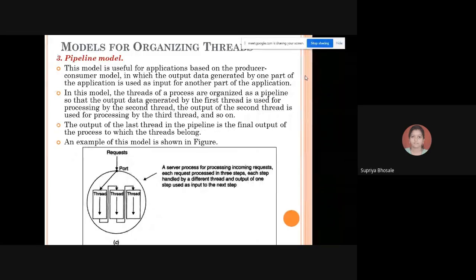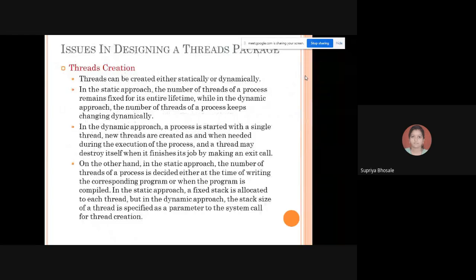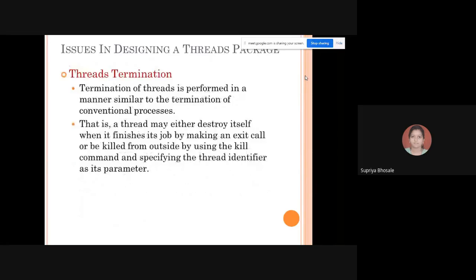And then after, the issues in designing a thread package. What are the different issues at the time of implementing this thread? So first is thread creation, thread termination.